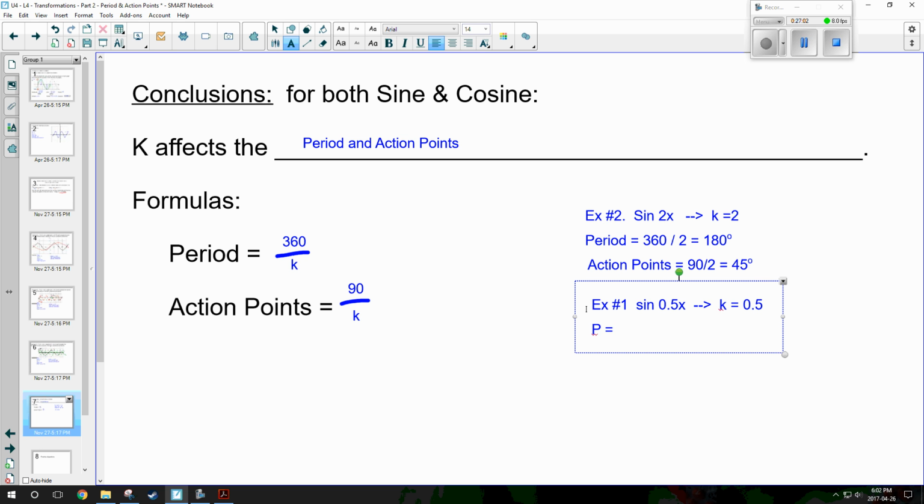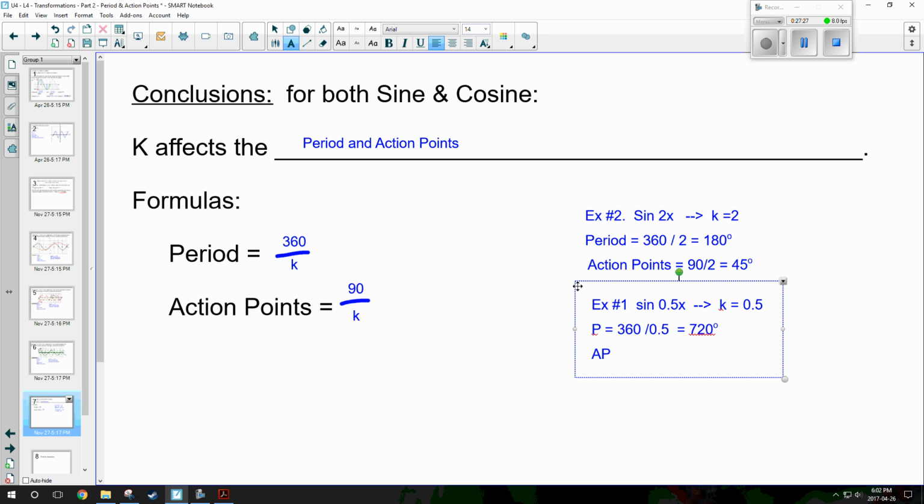So our period, which I'm just going to call p from now on, we take 360 and we divide it by whatever our k value is. In this case, it's 0.5. When we do 360 divided by 0.5, we get a value of 720. And again, you can double check with example number 1. Our period ended up being 720.